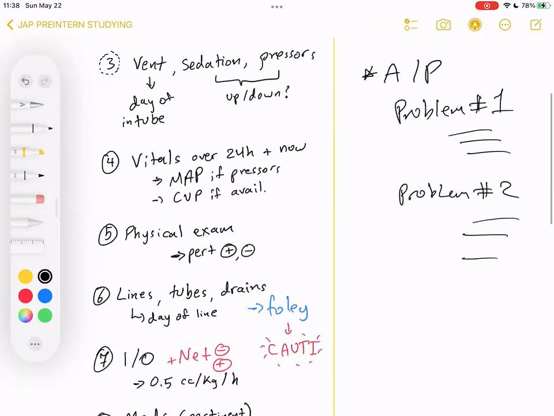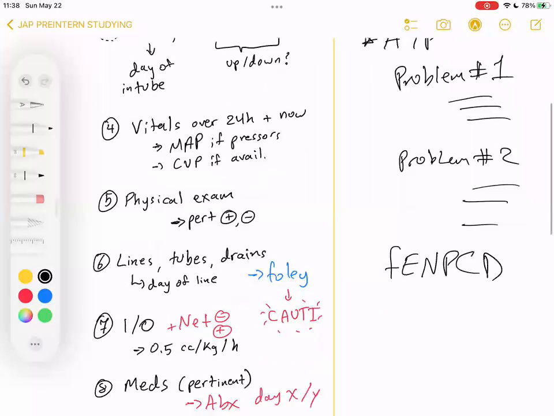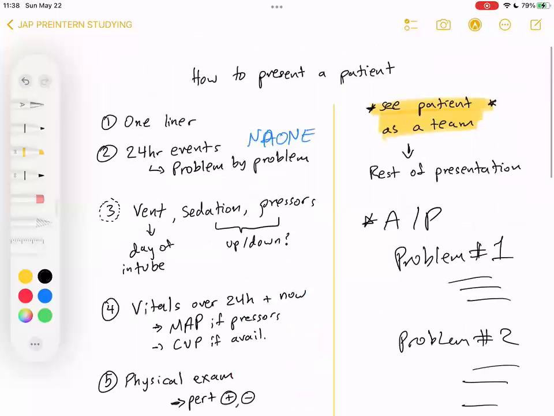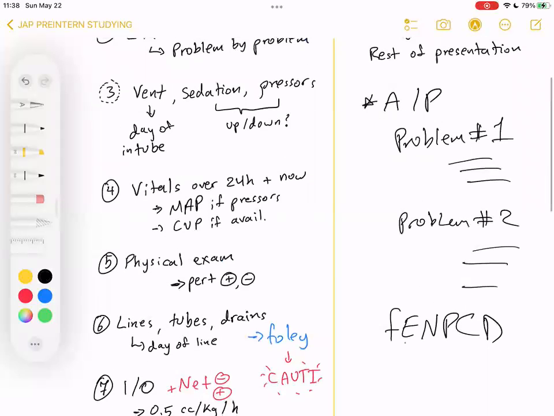And then finally, don't forget the FIN PCD that we talked about in the admission note. So you want to mention the fluids, electrolytes, nutrition, prophylaxis, code status, and then finally the disposition of the patient. Where is the patient going at the end of this? And again, this is really the most important and the most difficult part.